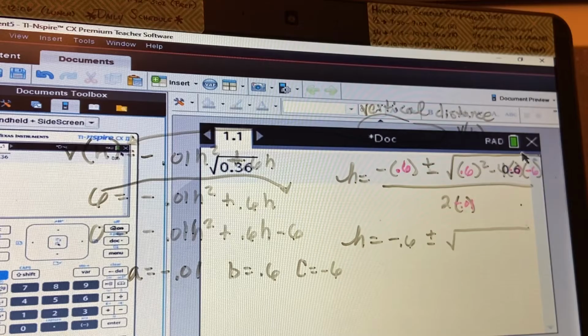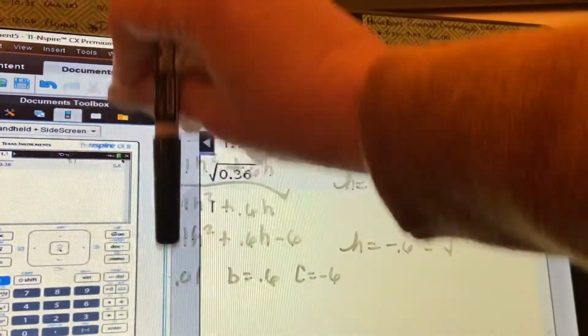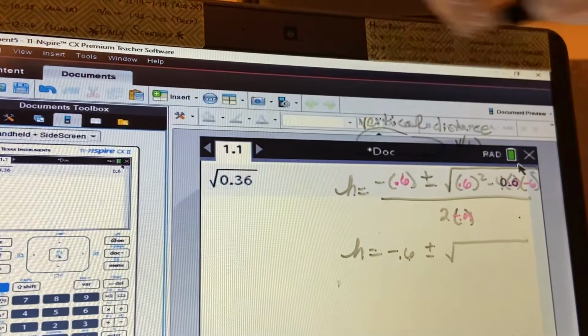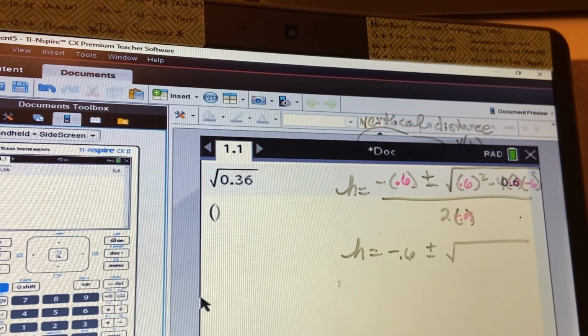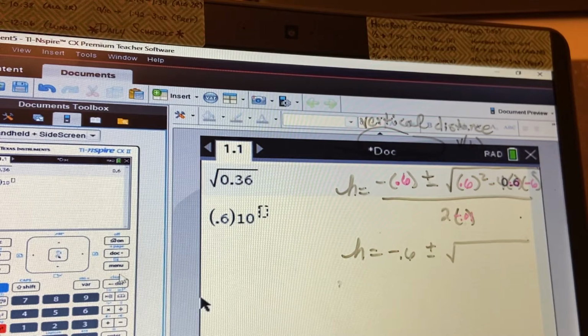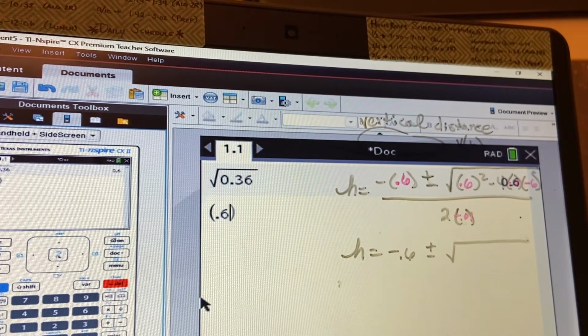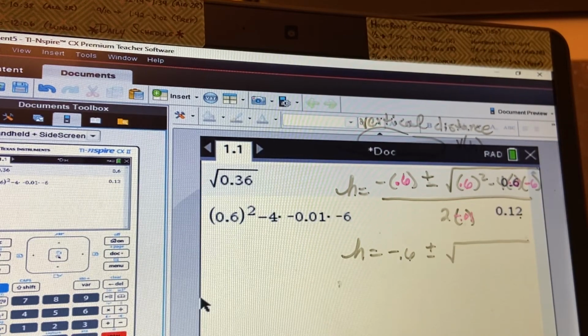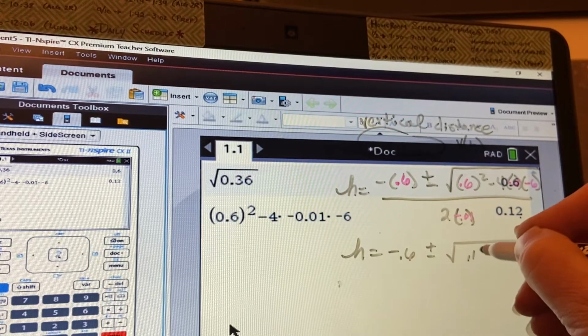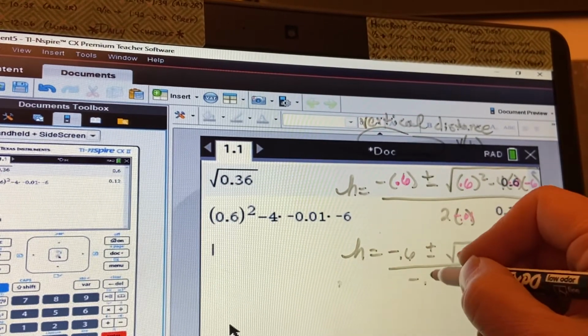So 0.6 squared minus 4 times your a, negative 0.01, times your c, which is our negative 6, enter, we get 0.12. All over negative 0.02.